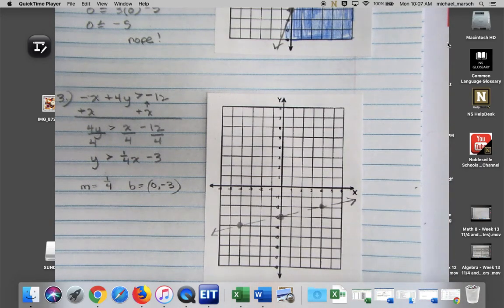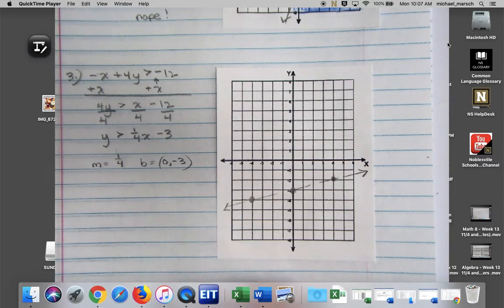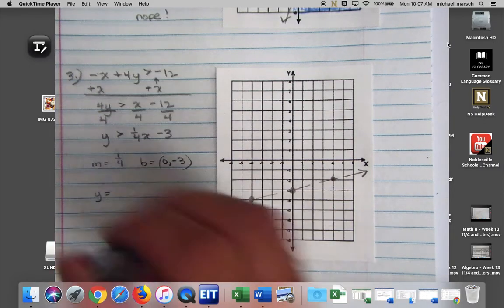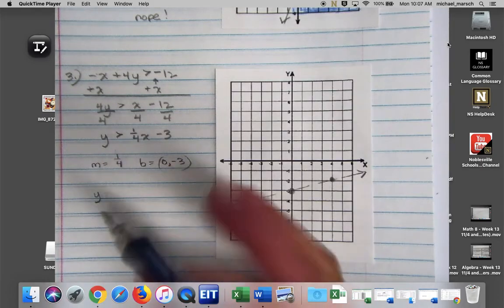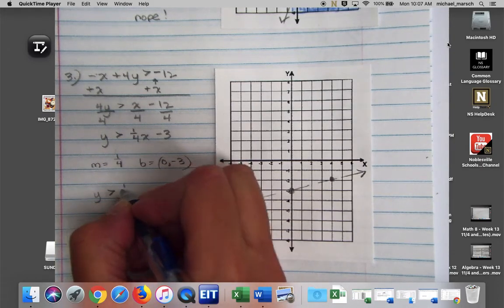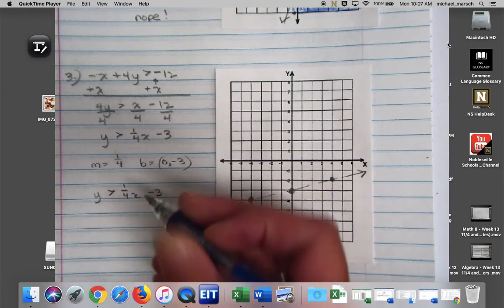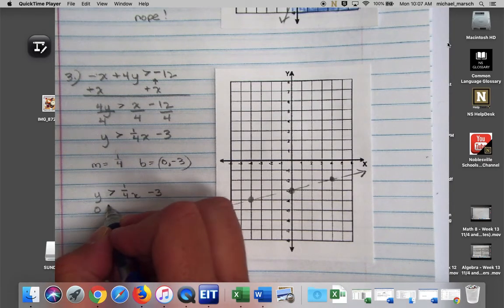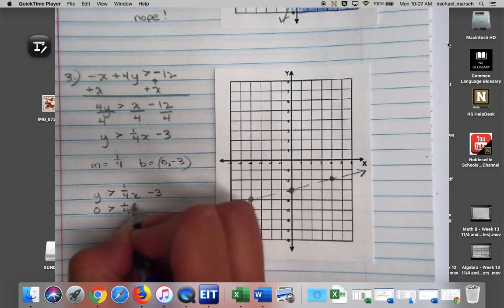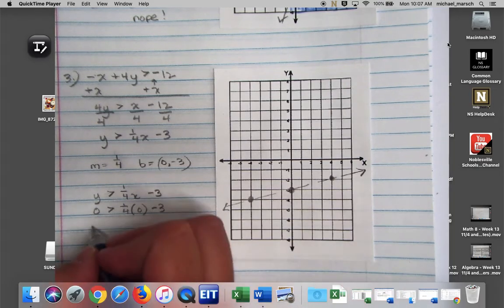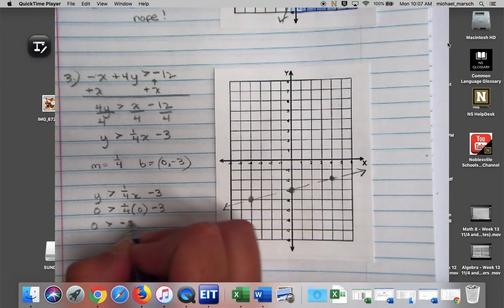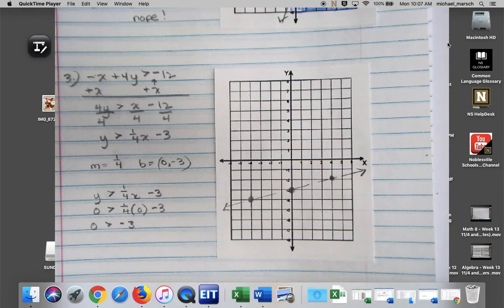And then now we're going to do the 0, 0 trick, right? So we're going to take our linear inequality, y is greater than 1/4 x minus 3. I'm going to put 0 in for both. 0 greater than 1/4 times 0 minus 3 is 0 greater than negative 3. Sure is, right?